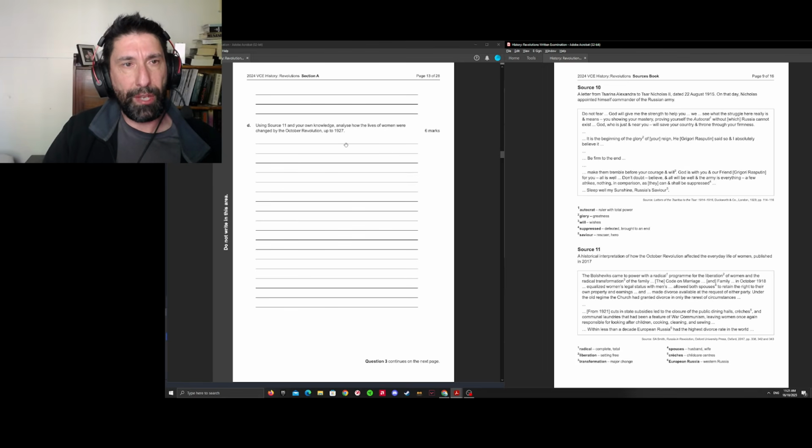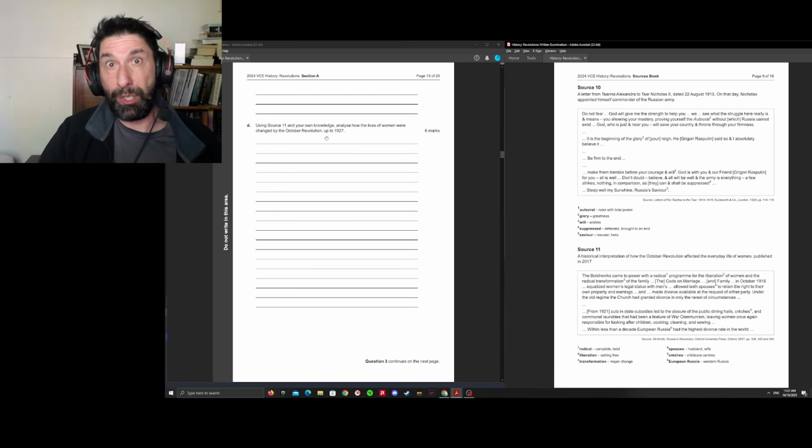You could have also talked about that government department which was set up by the Bolsheviks, Zhenotdel, to promote the rights of women in Russia. You could talk about the increased literacy that occurred as a consequence of the various education policies that were put in place by the Bolsheviks during this time.